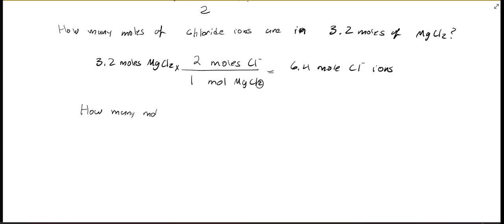How many moles of sulfur, we're going to do oxygen atoms are in 2.6 mole of aluminum carbonate.